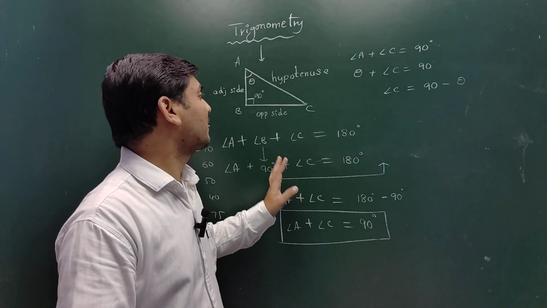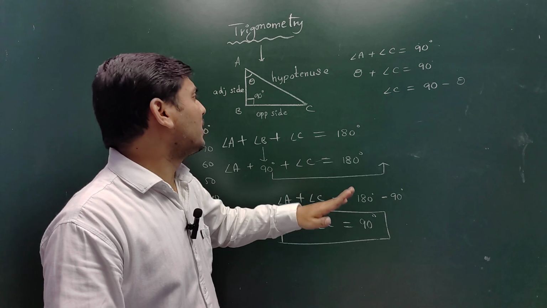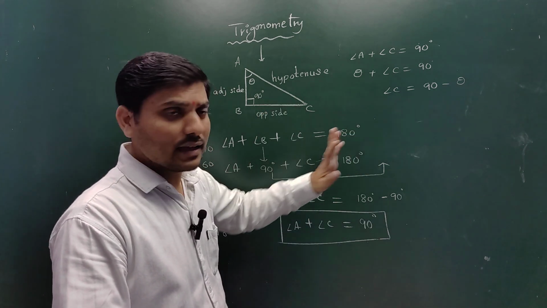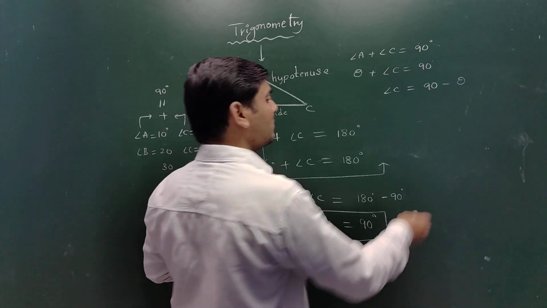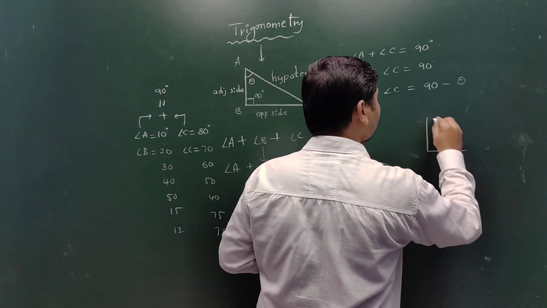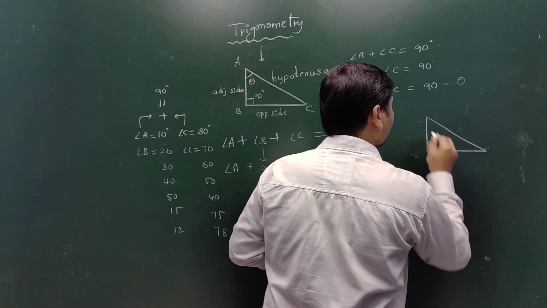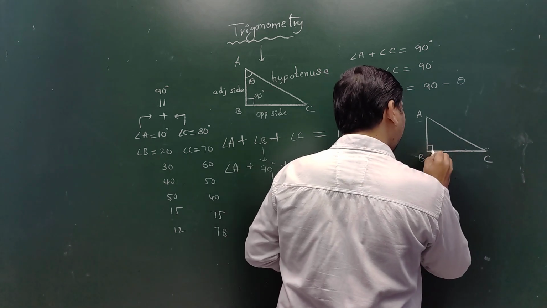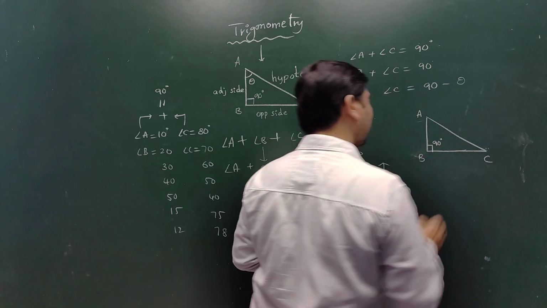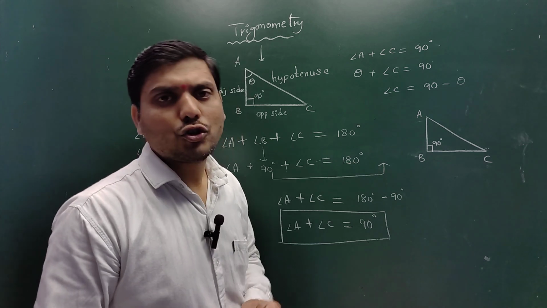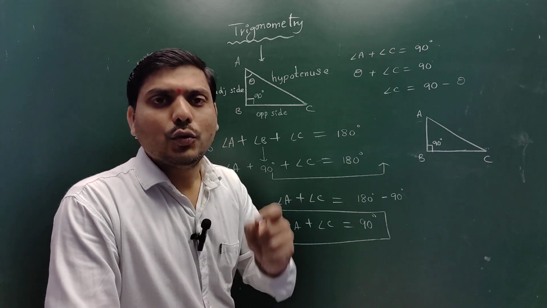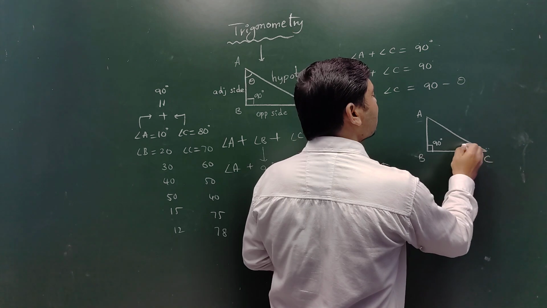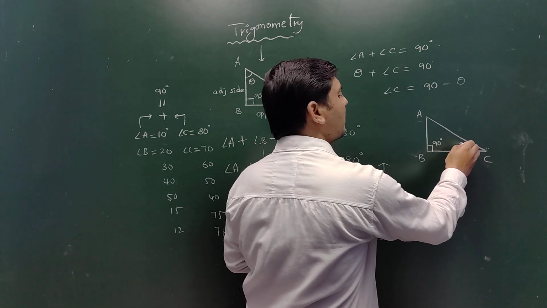Okay, it's clear. Listen students, now I am drawing the right angle triangle once again on the board. Capital A, B, C. This is a right angle triangle, right angle at vertex capital B. Now my question is, your acute angle is represented at C. This is theta.